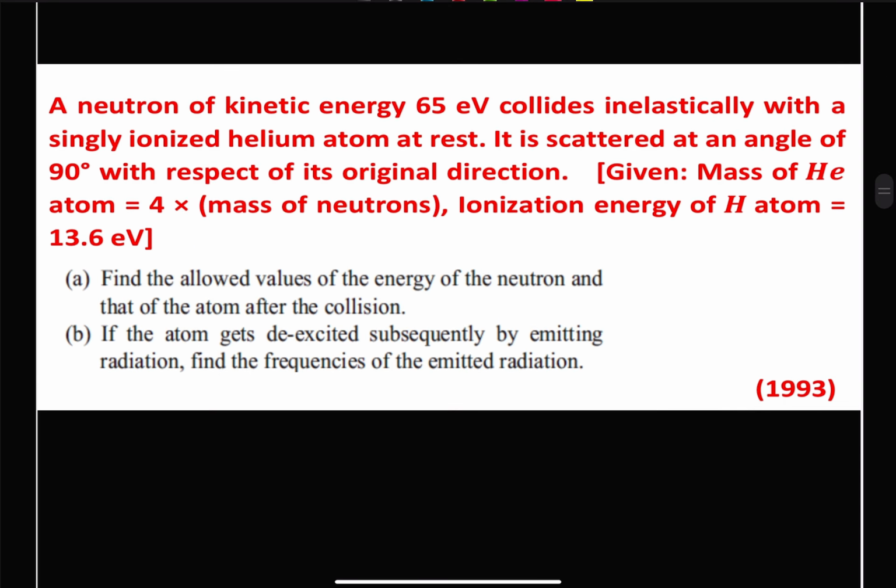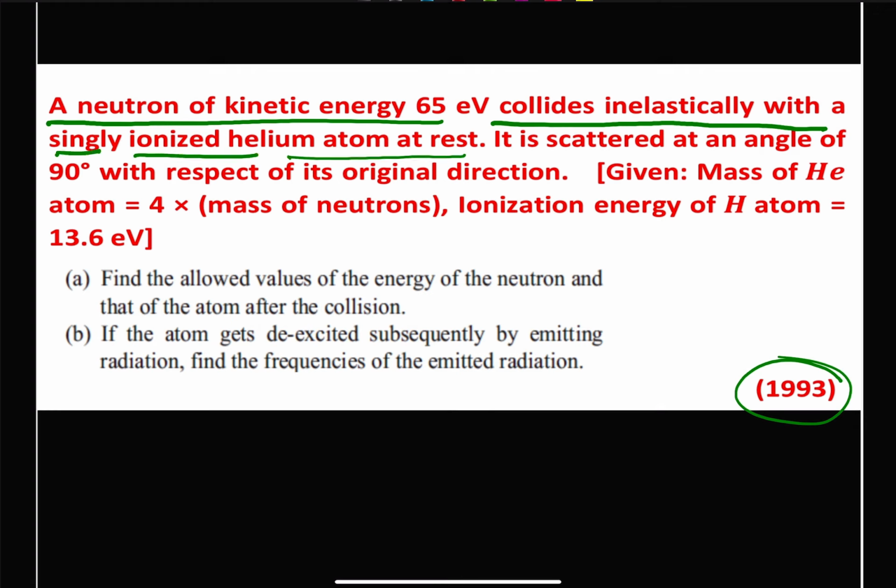We are given, it was asked in 1993, and it states that a neutron of kinetic energy 65 electron volt collides inelastically with a singly ionized helium atom at rest. It is scattered at an angle of 90 degree with respect to original direction.